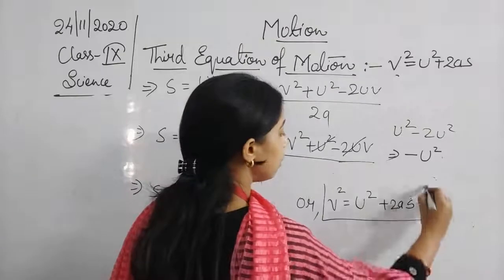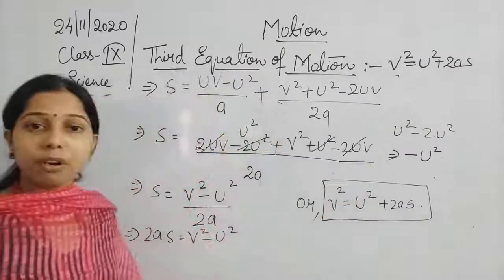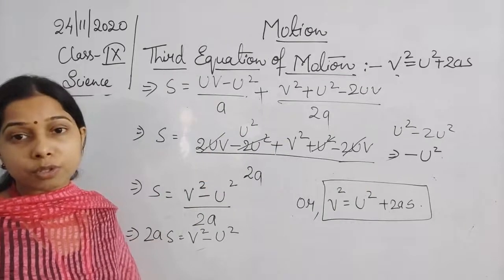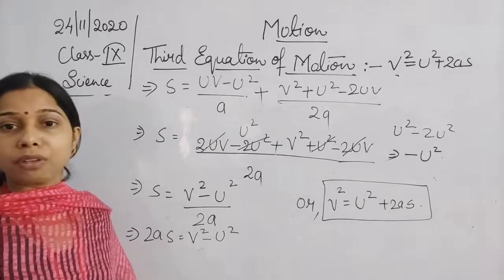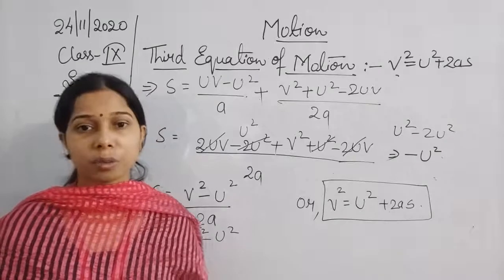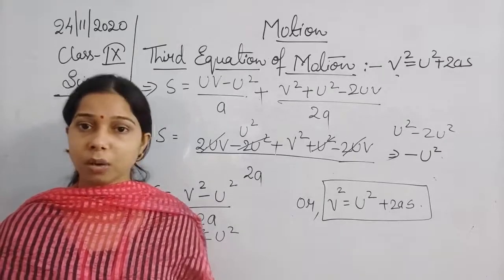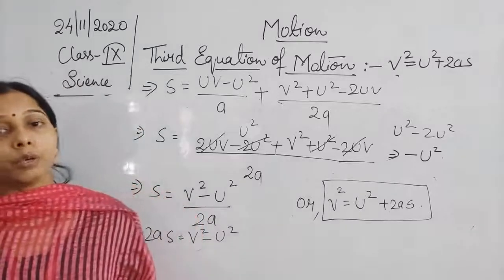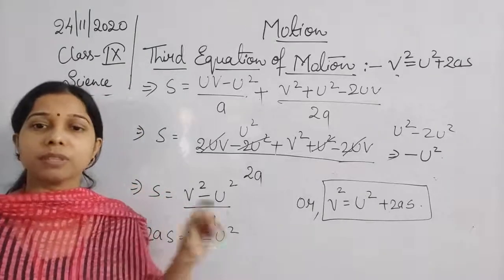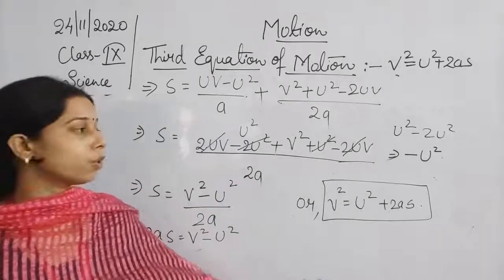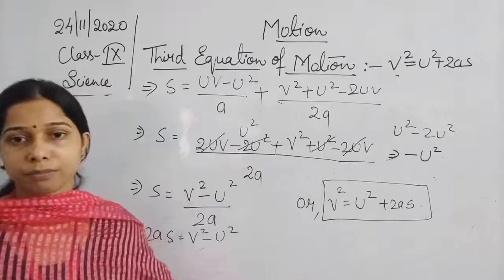This is the third equation of motion. So how did we come to the third equation of motion, students? With the help of the first equation of motion and the second equation of motion. We put the value of t from the first to the second, and then solve it. When you solve it, you will get the answer.